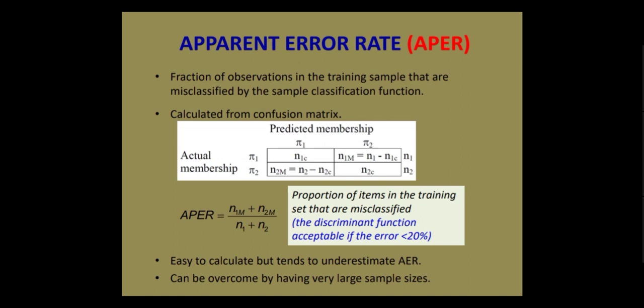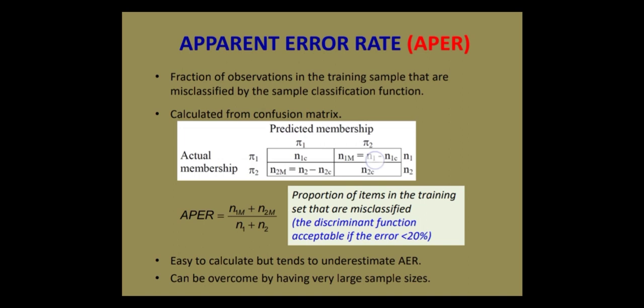N1C is the number of items in the first group correctly classified as first group items. N1M here is the number of items in group 1 misclassified as items for group 2.